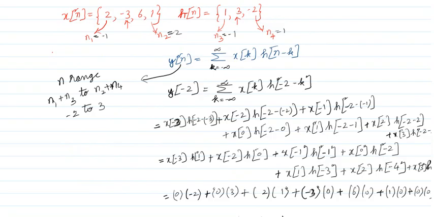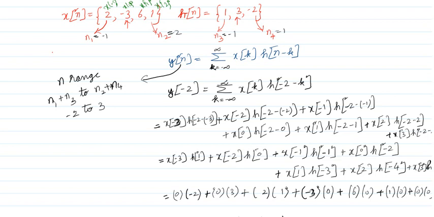Okay, right. So the thing is, we know this is x of minus 1, x of 0, x of 1, this is x of 2.